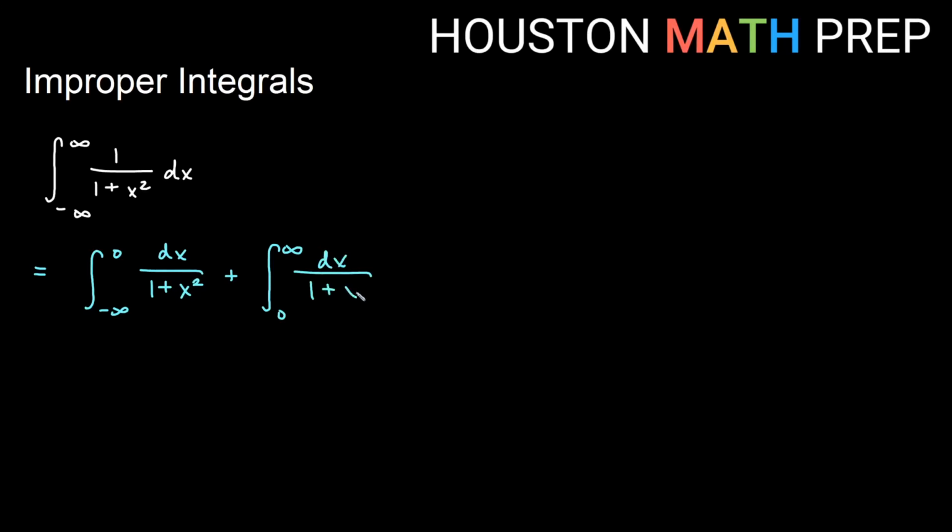Now both of these pieces are still improper, yes? So if we look at what we have here, we would have the limit, let's say from a to 0, as a approaches negative infinity for this first one here, dx over 1 plus x squared.